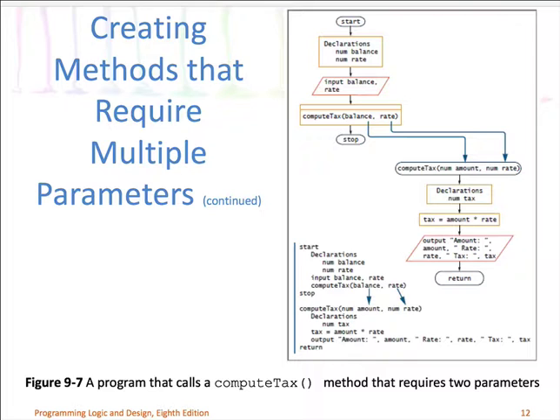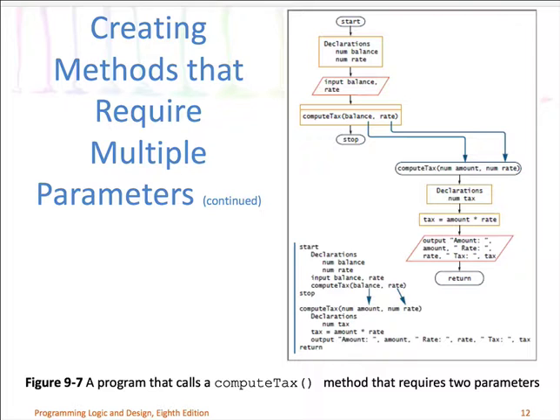And whatever is in rate in the main program will be copied into another variable which happens to be called rate but is local to the compute tax method. When you have two names like that, when we refer to rate, we're going to look for the rate that is the closest in scope. So if there's a local variable called rate, we'll use it.